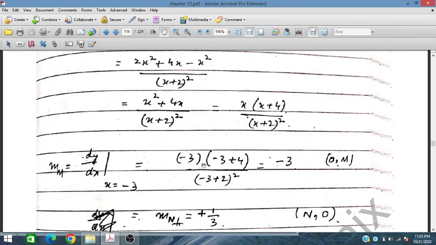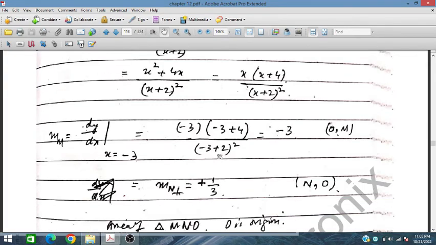So this is the gradient, and from here we have the gradient value this, and similarly the perpendicular to this is 1 over 3. So this is the tangent gradient, and this is the slope of the normal. This slope of the normal is 1 over 3.